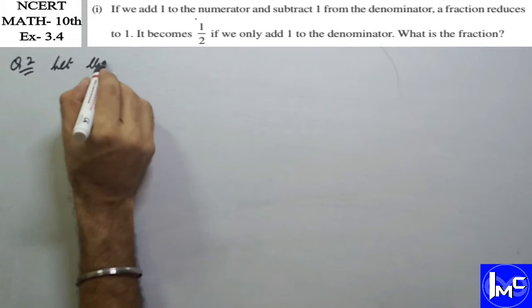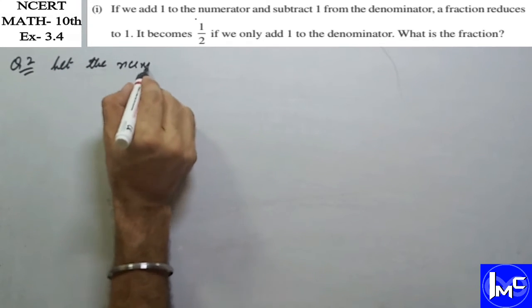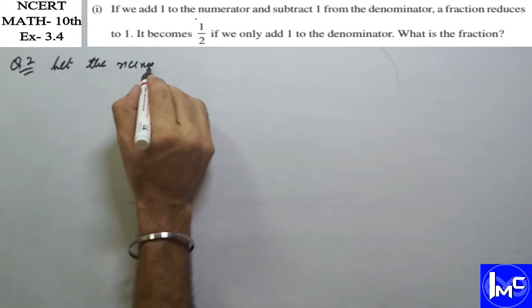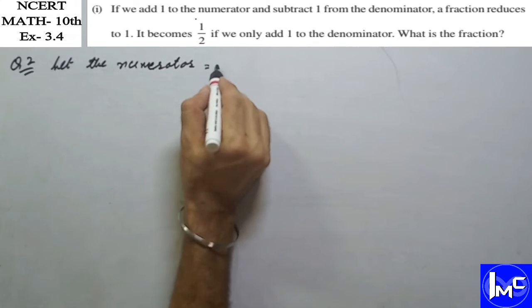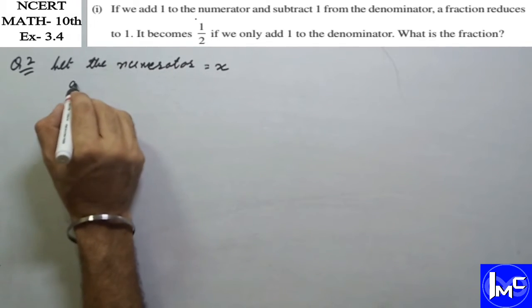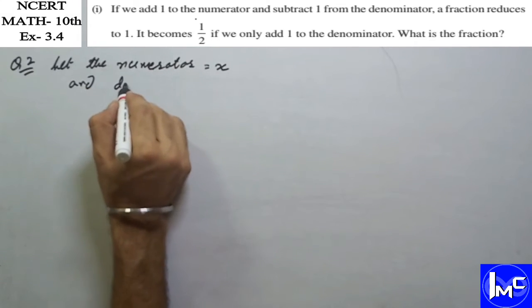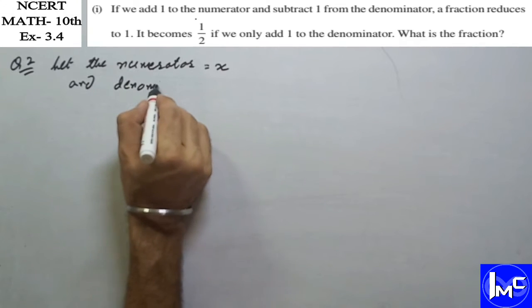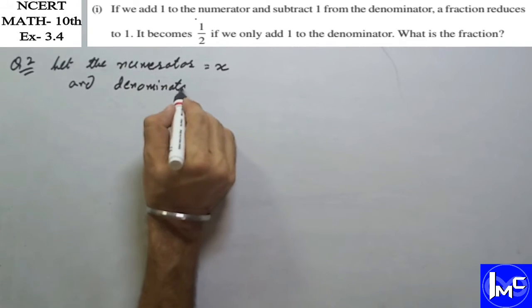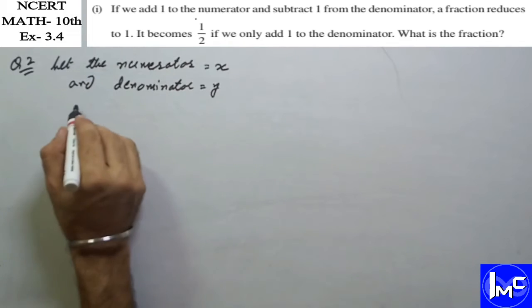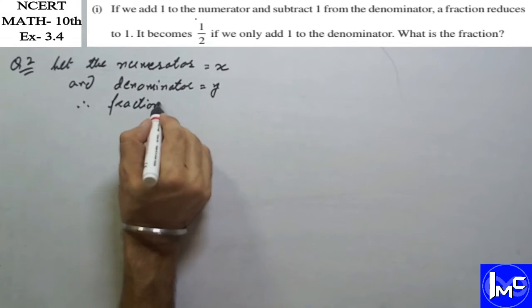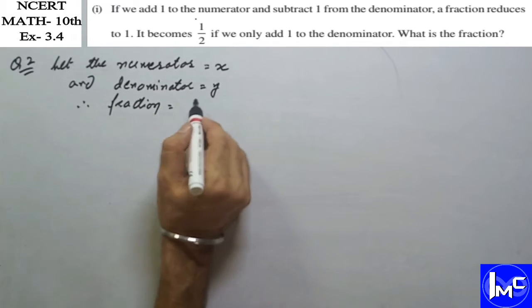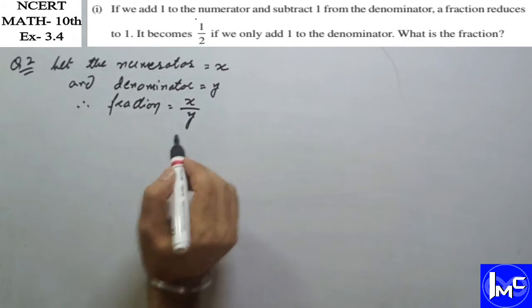Let the numerator be equal to x and the denominator be equal to y. Therefore the fraction will be numerator over denominator, that will be x over y.